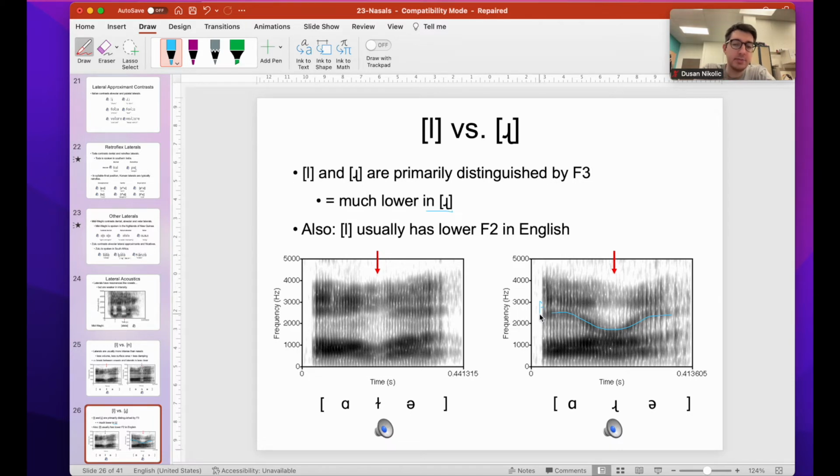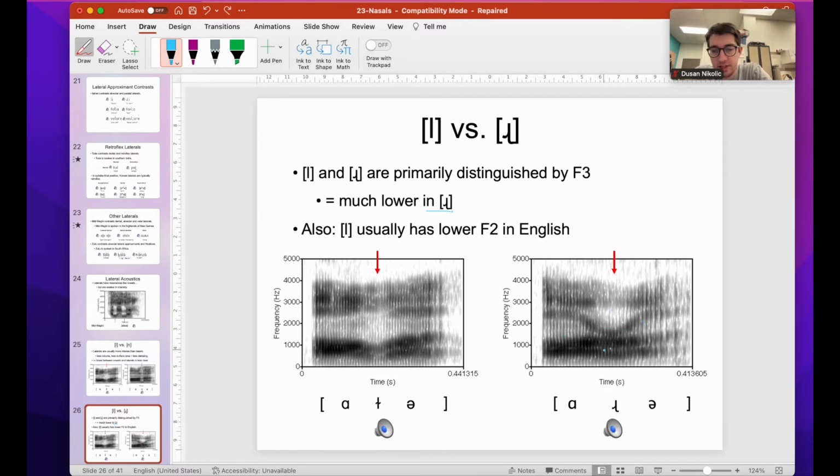And that's because, depending on how you're making R, you're basically extending the tube by making R in comparison to L. You're extending the tube a little bit by bunching up your tongue or by curling it up, which means that you would have lower frequencies.